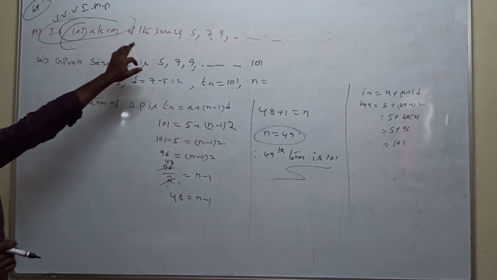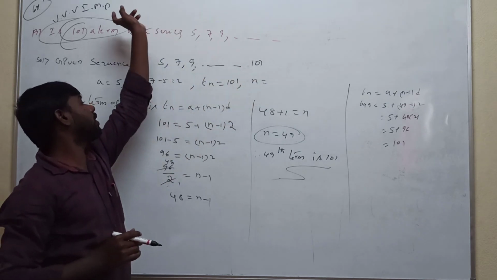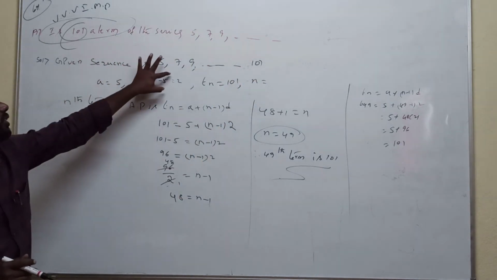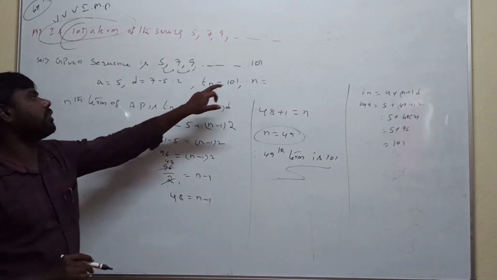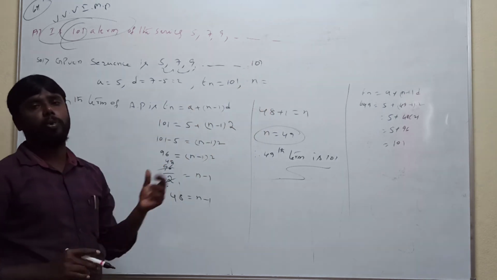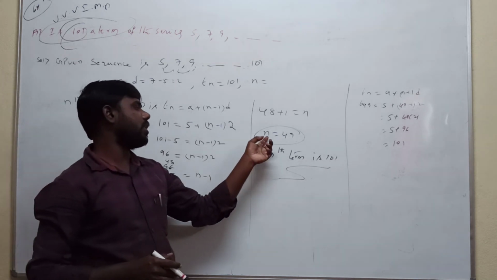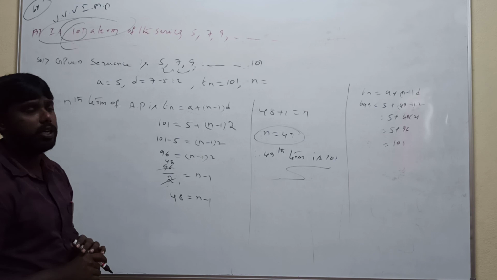The first term is 5, the second term is 7, the third term is 9, and the nth term is 101. That's why a value is 5. d is the difference. We find the number of terms using the arithmetic progression formula, and finally we get n is 49. So 101 is the 49th term. Do you understand?